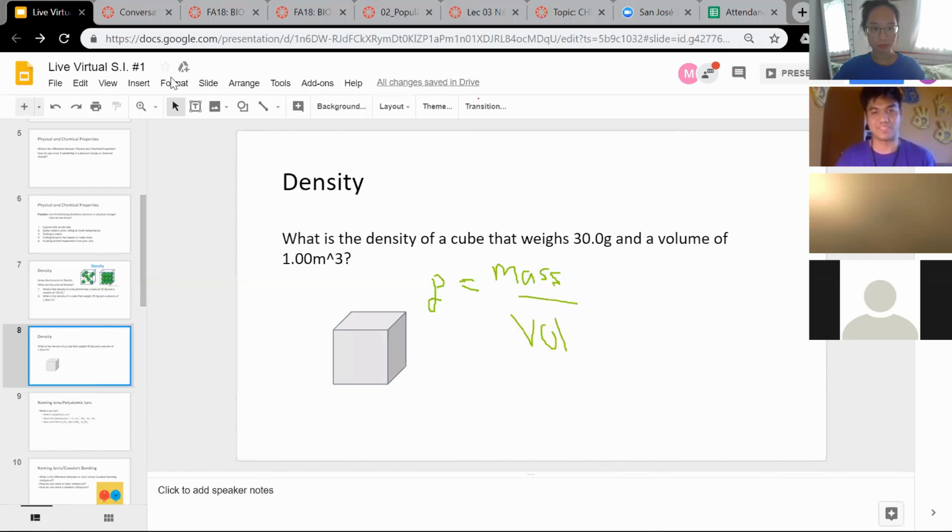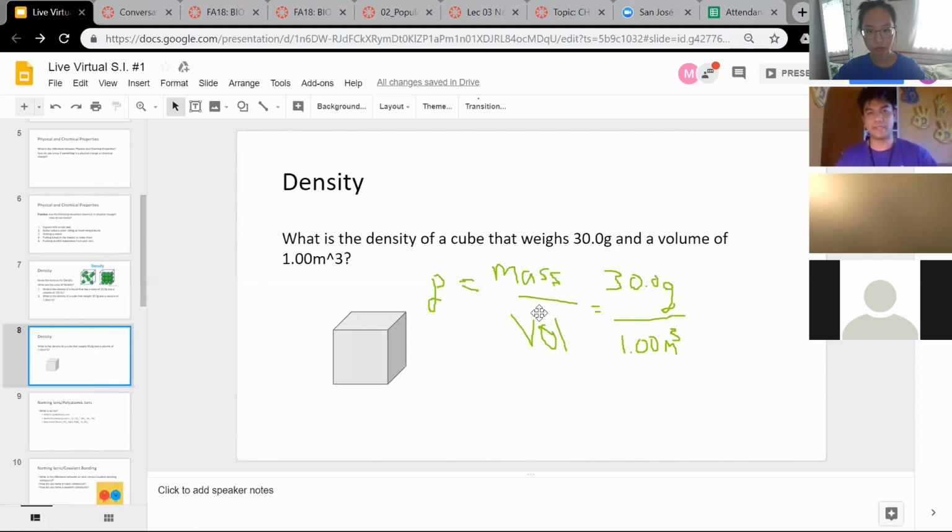So our mass is 30.0 grams, and our volume is 1 meter cubed.